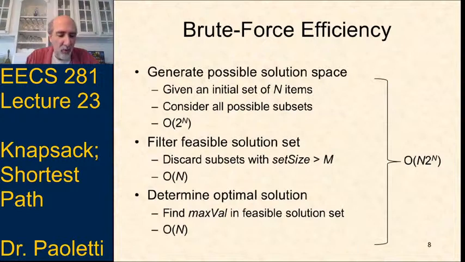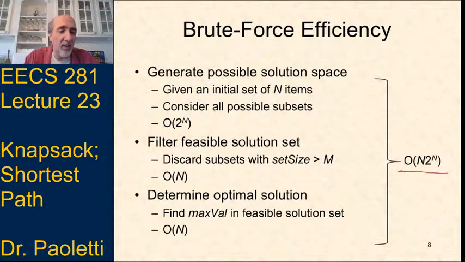The problem with the brute force approach is that, like I said, there are 2 to the n possible ways to take or not take each of n items. And then checking the number of items picked by that set and summing up the values of those items and summing up the sizes takes n time, which gives us O of n times 2 to the n.